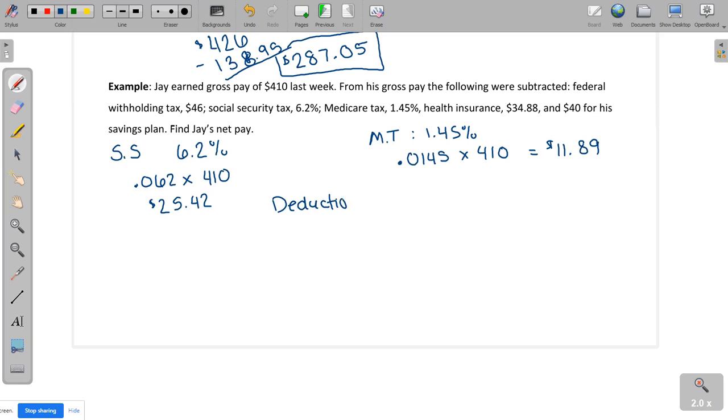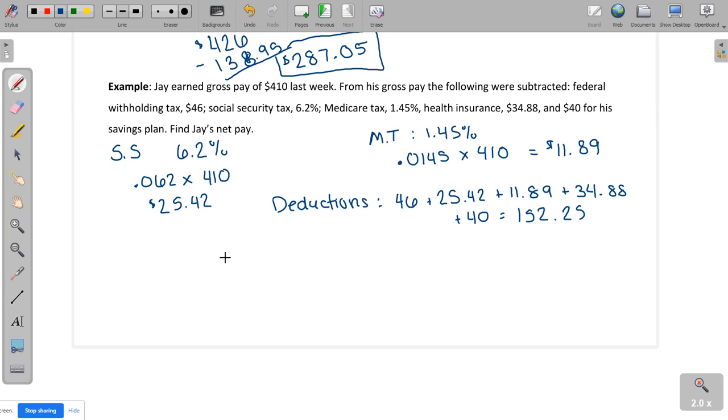Now we need to find all of our deductions. Add them all together. So our federal withholding tax, $46. Social Security, $25.42. Medicare tax, health insurance, and lastly, the savings plan. So we get $152.25.